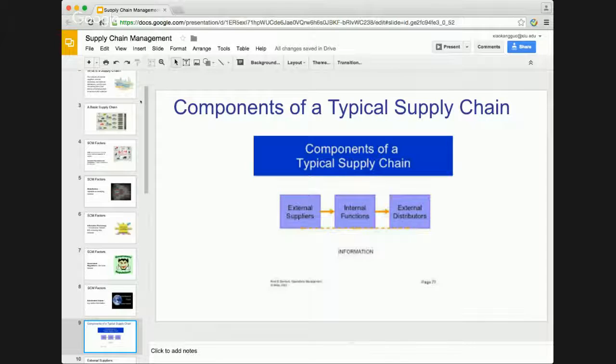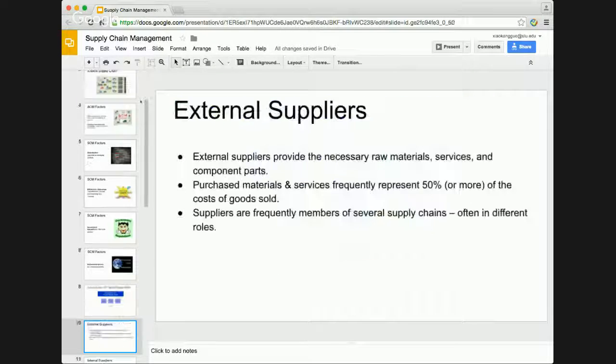Now I'm going to talk about components of the typical supply chain. Basically 3 parts: external suppliers, internal functions, external distributors, but all 3 are about information. Now more specifically about external suppliers.